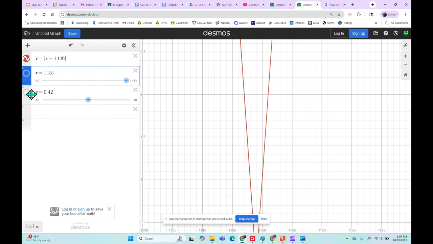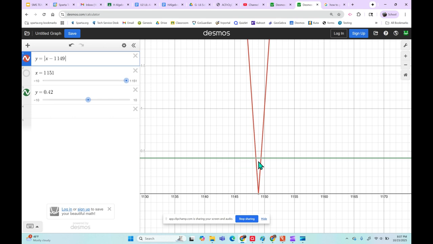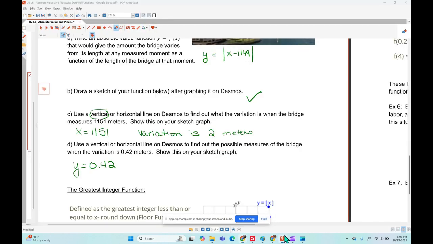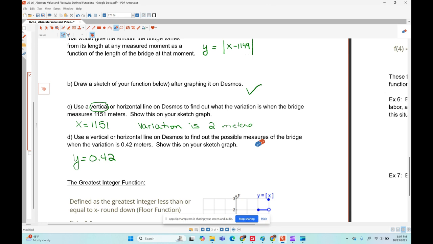I'm going to turn this one off and turn this one on. And so we can see that we have 2 places that happens because we're doing a horizontal line, getting y equals 1148.58 or 1149.42. So you can go over 0.42 or under 0.42. So we're going to write those down.